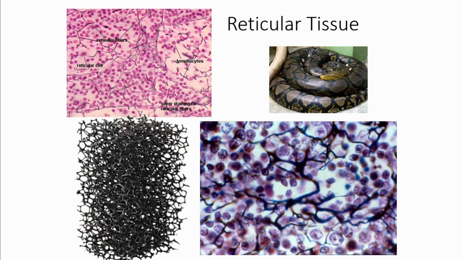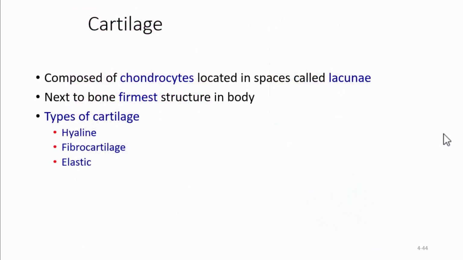And we see that pattern in the sponge, and if you look kind of hard and pretend here, we can see that pattern again in this tissue. Cartilage. Cartilage is composed of chondrocytes located in a space called a lacuna. Lacuna means lake.